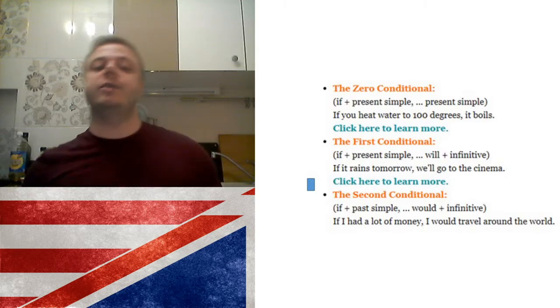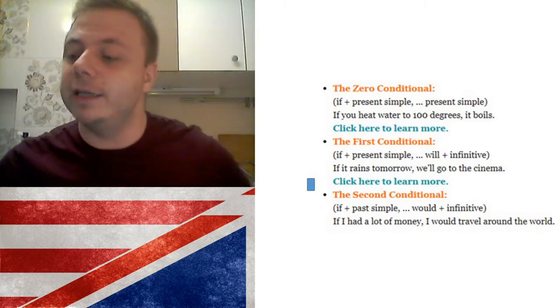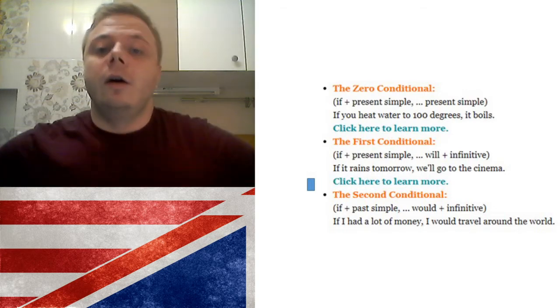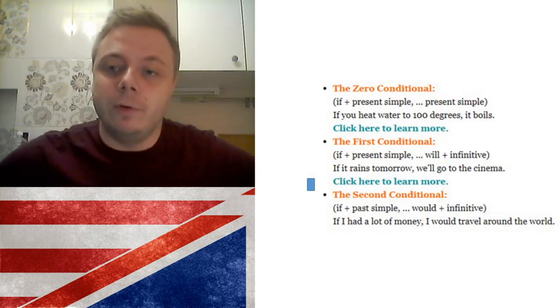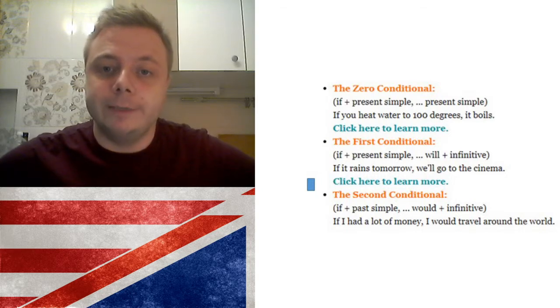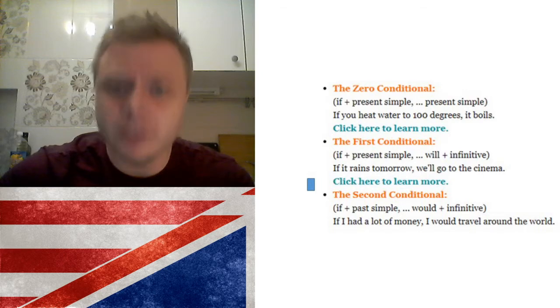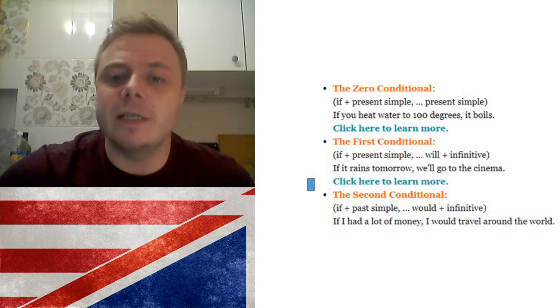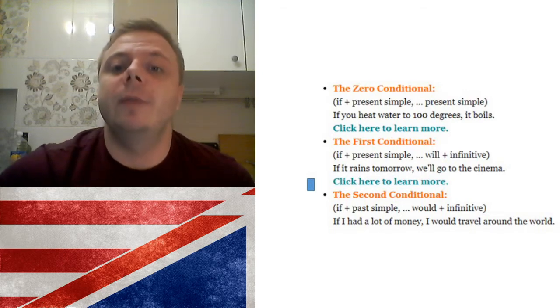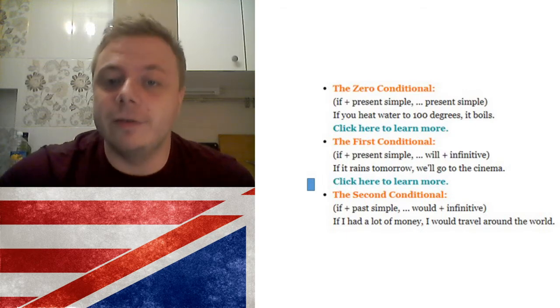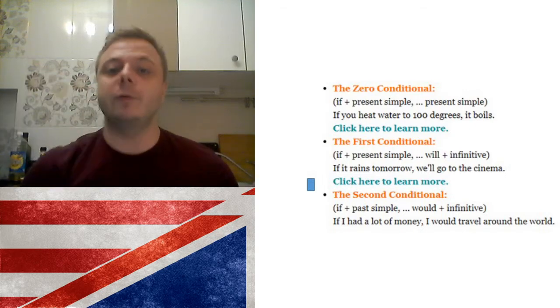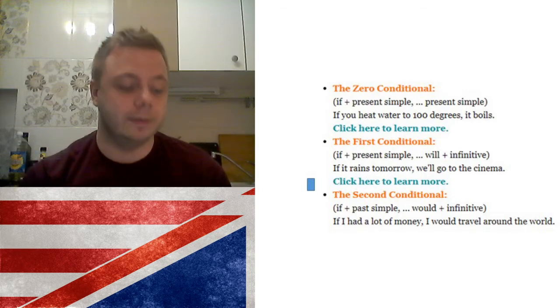The first conditional. So the first conditional again is used for probable, possible situations, right? So the construction is like this. We use if plus present simple plus will plus infinitive. For example, if it rains tomorrow, we'll go to the cinema.